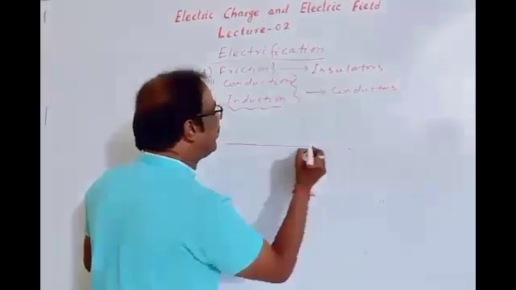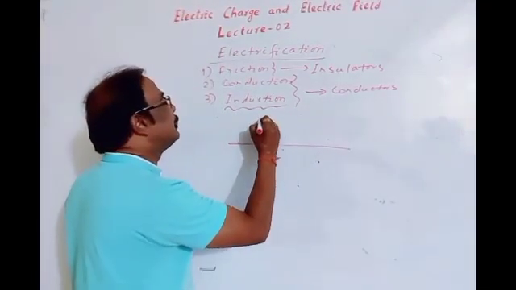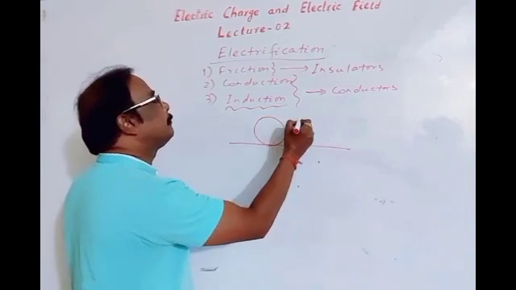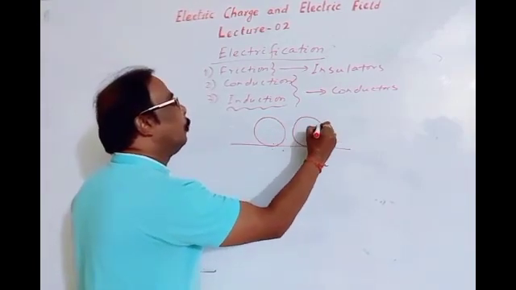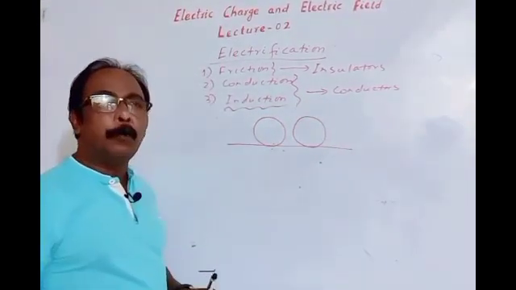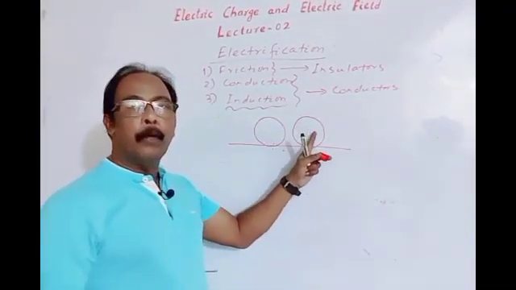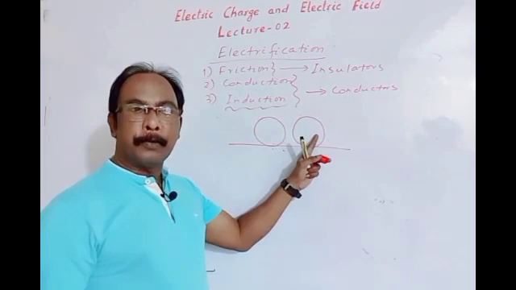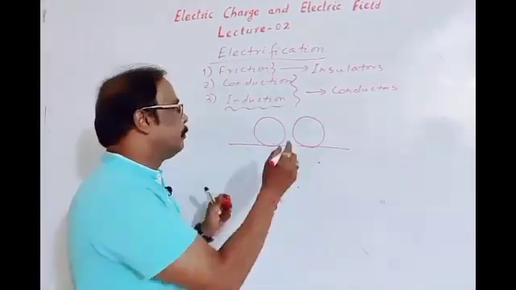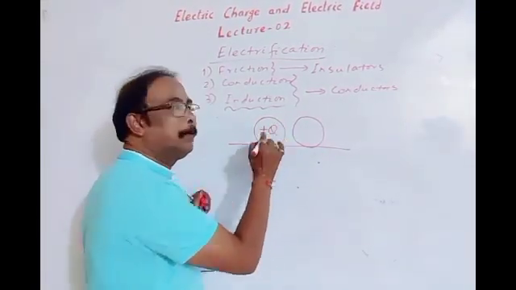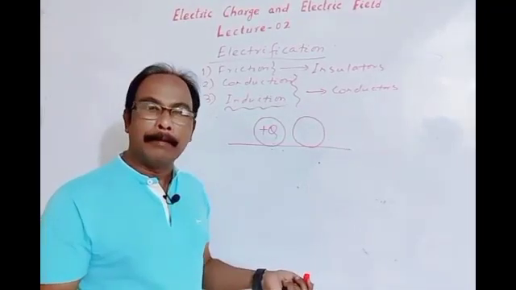Induction is the process of electrification without physical contact of a charged body with an uncharged body. Let the charge on this body be positive, or you may take negative.